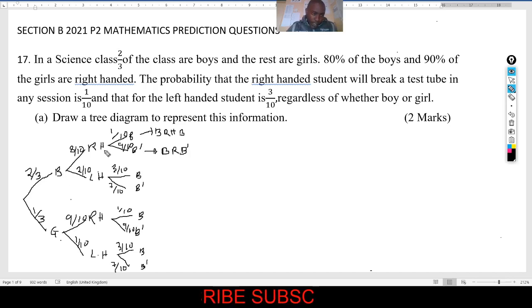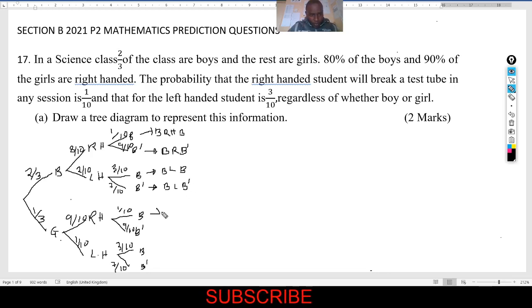Just read this and this. Here we have boy, left-handed, breaking. Here we have boy, left-handed, not breaking.